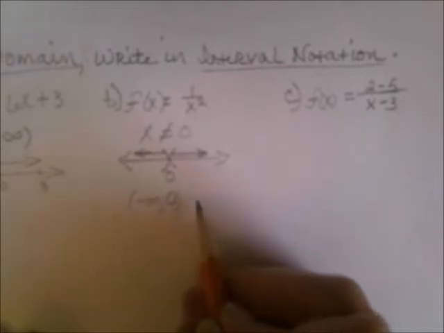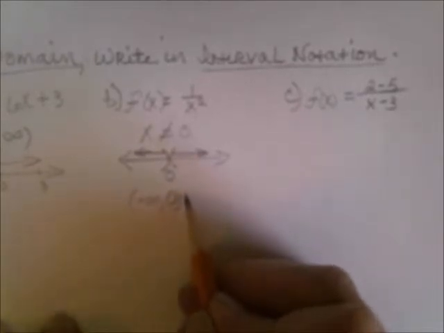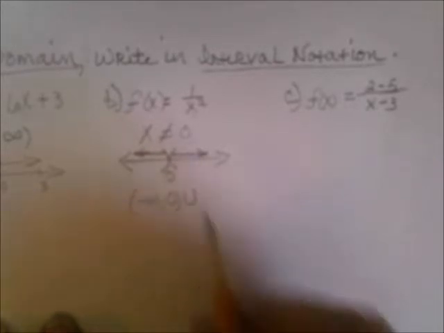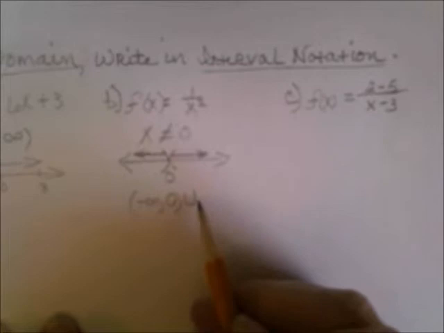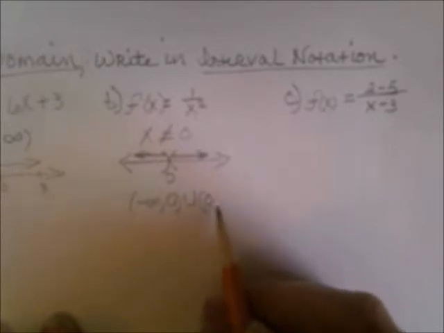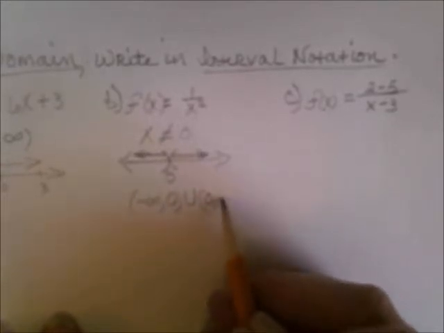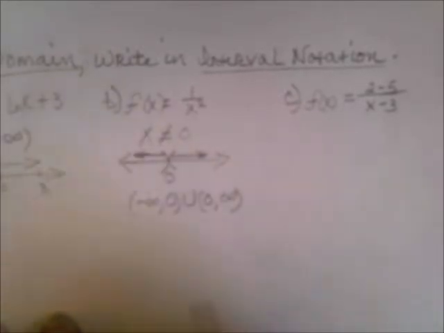Okay, and then this is something new we haven't done before. We're going to put this big letter U looking thing, which means union. So it's going to be the union of, okay, the smallest thing it can be is 0. The biggest thing it can be is positive infinity. And there we have it.